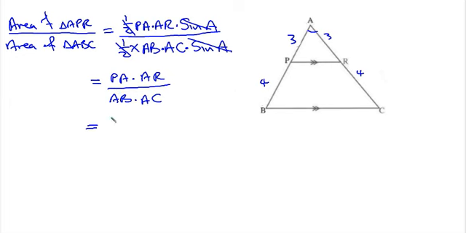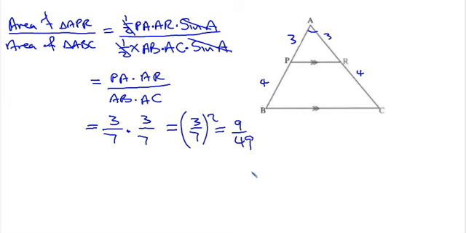And this is equal to PA over AB, that is going to be equal to 3 over AB, the whole side here, that is a 7, multiplied by AR, the side is a 3, over AC, the whole side, that is a 7 there, and that is equal to 3 over 7 all squared, which is equal to 9 over 49.